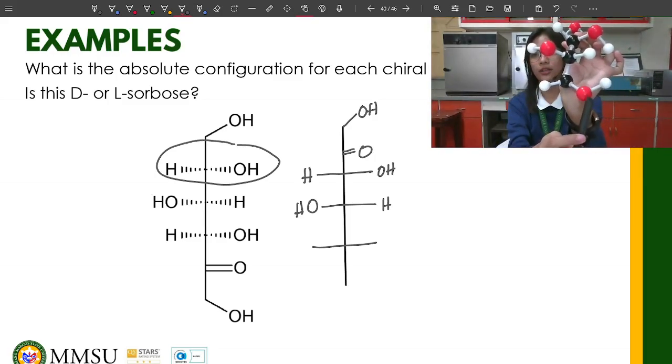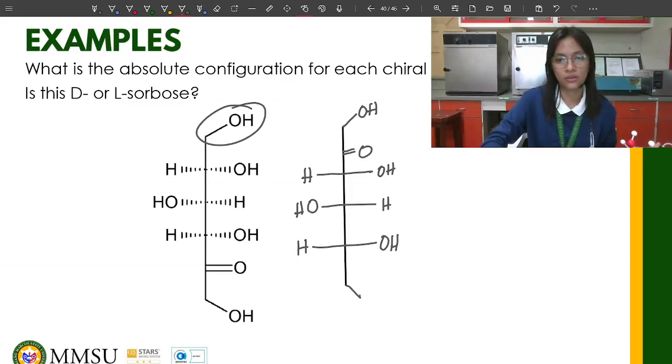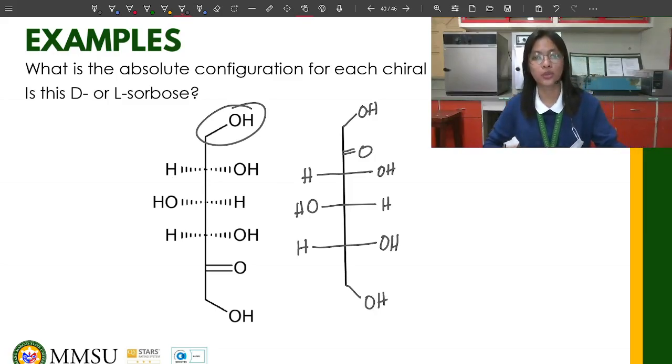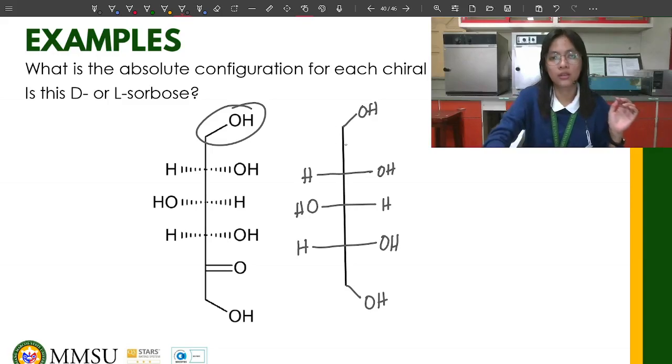Nasa right siya. So, we will write the Fischer projection. Eto, nasa right. And then, hydrogen. And then, sulat na natin, eto, OH. So, this is now the Fischer projection for this sorbose, yung better na Fischer projection niya.